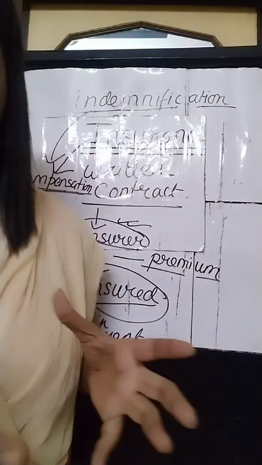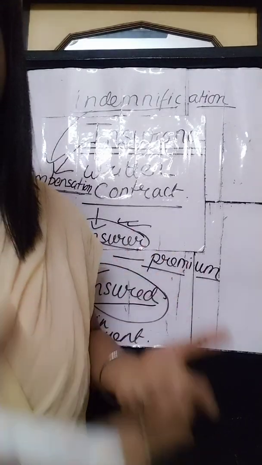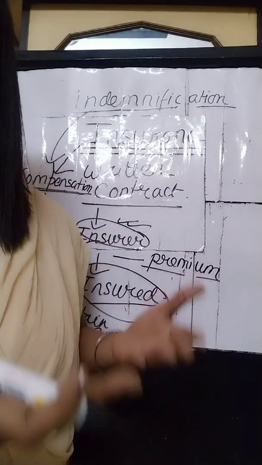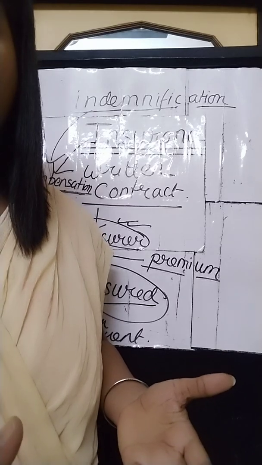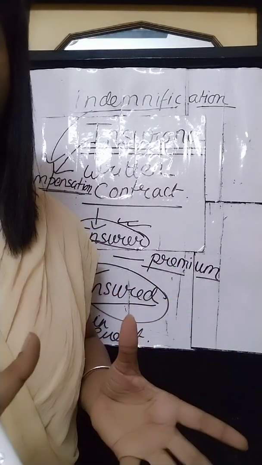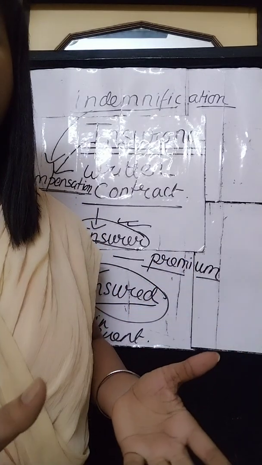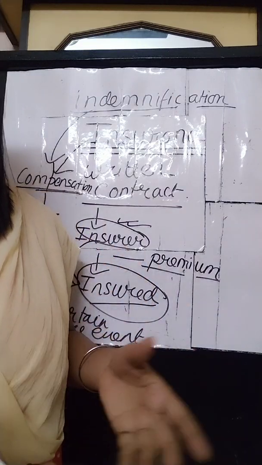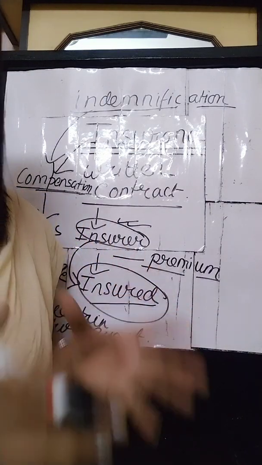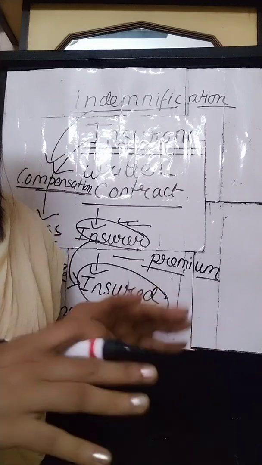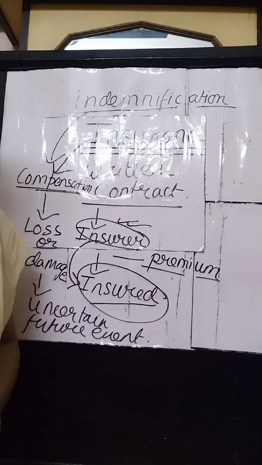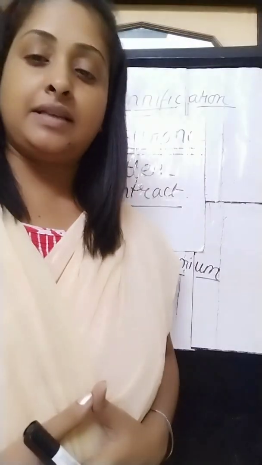This fund is utilized to compensate for the unfortunate loss of a few members of the group who actually suffered a loss like me due to a certain event. In this way, the loss of a few is shared by all the members on an equitable basis.